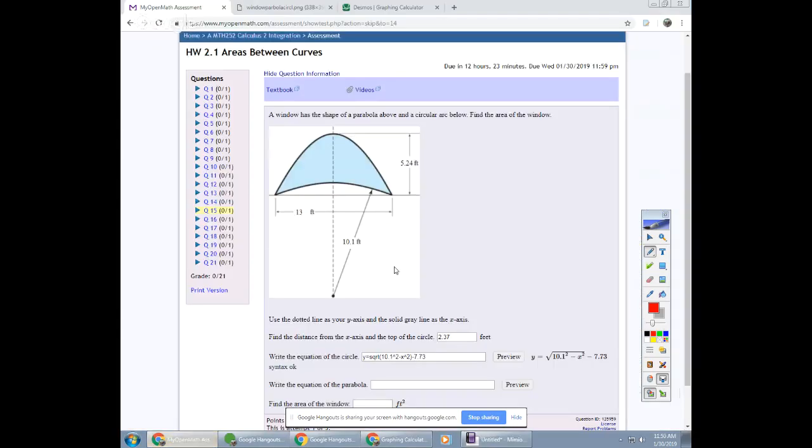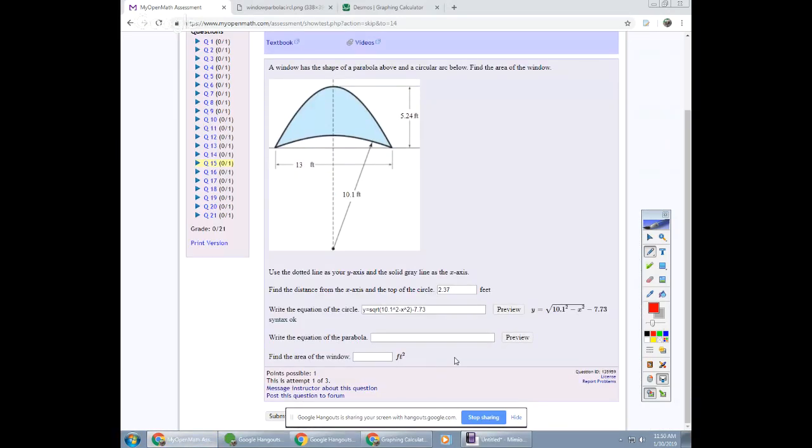What's the question asked next? Find the area of the window. Yeah, we have not gone over that yet. That's in like section 2.4 or 2.5. We should take out the question. No, it's too much fun.